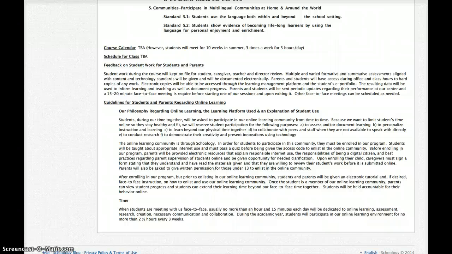In other words, students will be online for learning, assessment, research, creation, and/or necessary communication and collaboration.